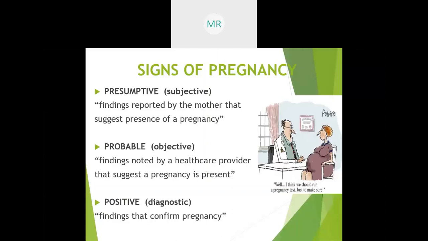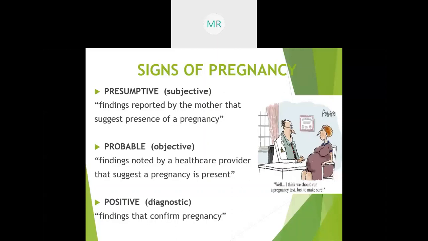But the difference between that and being positive is that a positive pregnancy test, which tells me that there are high levels of HCG in the body, enough that it's detected a pregnancy and it's now showing on the pregnancy test, could also be caused by a molar pregnancy. Molar pregnancies don't have a heartbeat.